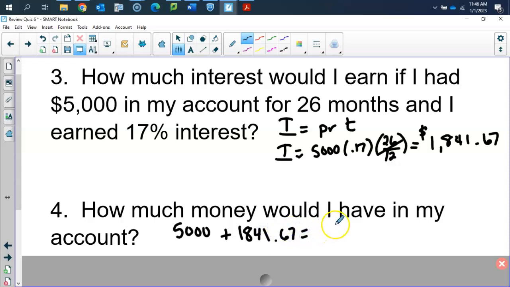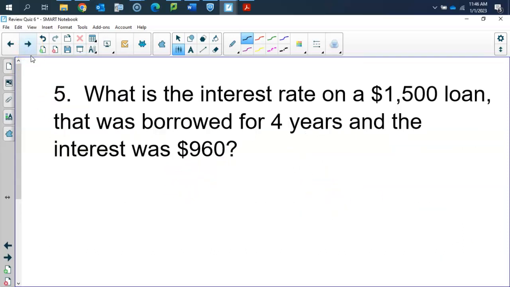We end up with 6,841.67. So when you're doing these problems, guys, please make sure if they're asking you for the interest or they're asking you for the account balance, because if they're asking you for the account balance, you need to find the interest and then add it.